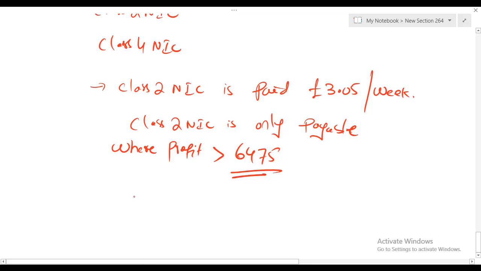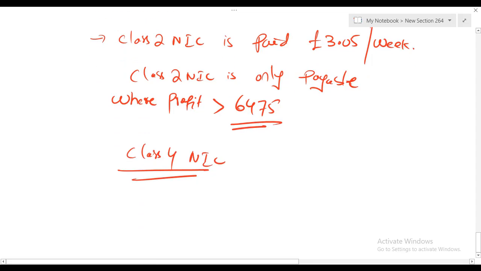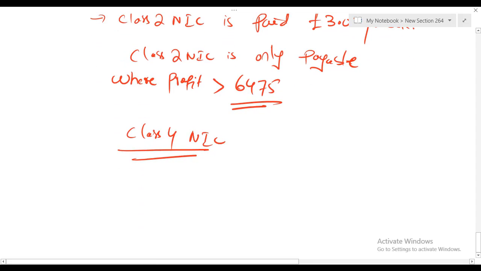We have class 4 NIC. So how do we pay class 4 NIC? The rates are very simple. From £1 till 9,500 the NIC rate is 0. From 9501 till 50,000 the rate is 9%.